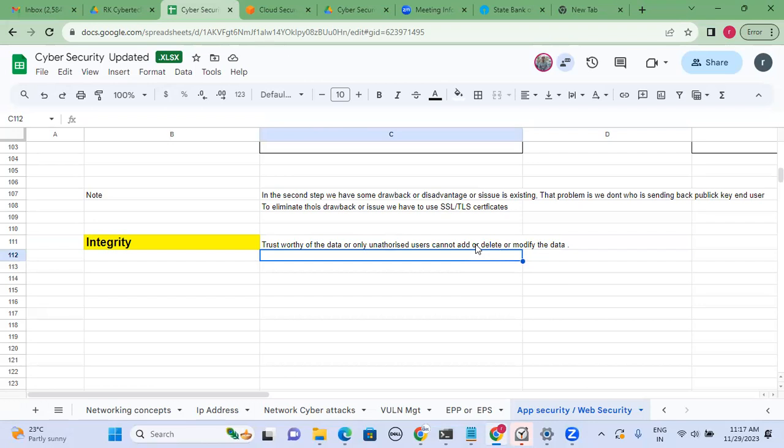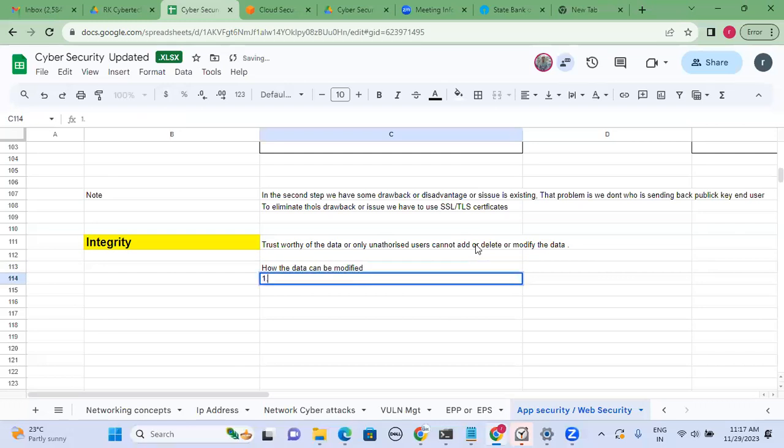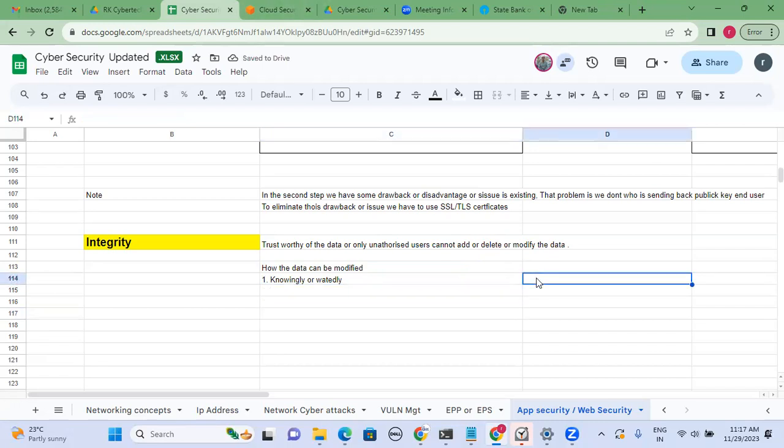How can the data be modified? What are the ways? There are two ways data can be modified. One is knowingly or wantedly. For example, I'm going to give everyone admin access to this sheet. Now you are editing or deleting or modifying, so will the data change or not? Wantedly someone is deleting the Excel sheet. Is it possible or not?